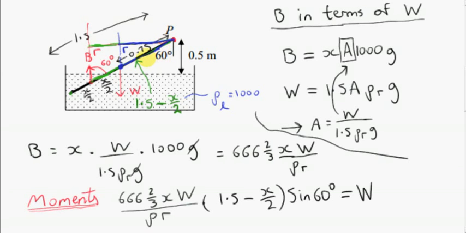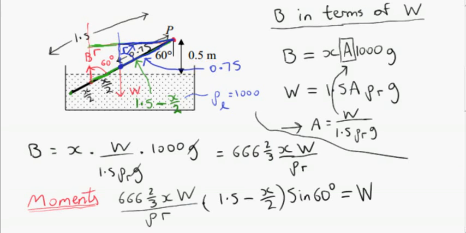So this distance here in blue is the distance from P to the midpoint of the rod actually, where W acts. That's half the length of the rod. Half of 1.5 is 0.75. So we have to multiply 0.75 by the sine of this angle to get the side opposite this angle in this blue right angle triangle.